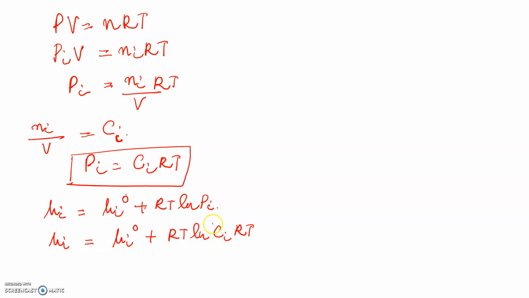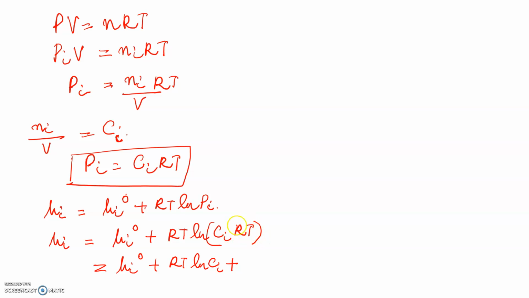This is in brackets. So, removing brackets, we have mu i 0 plus RT ln Ci plus RT ln R plus RT ln T.